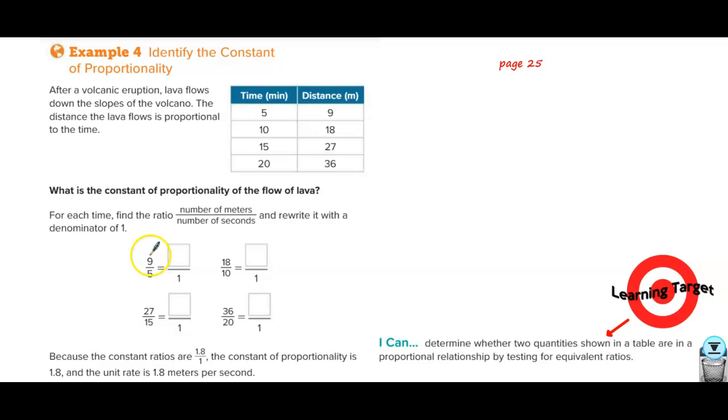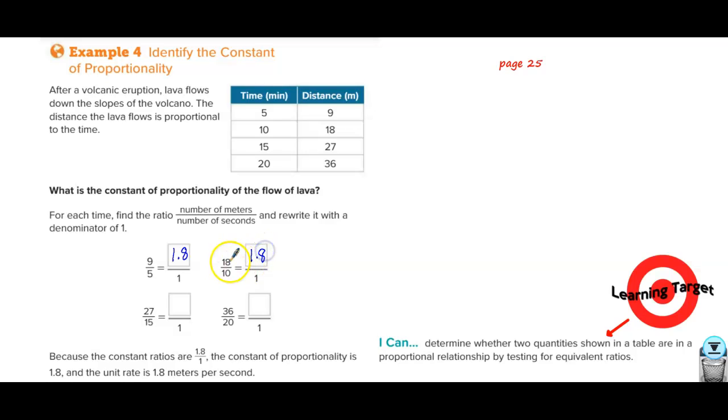So we did 9 meters in 5 seconds. So 9 divided by 5 is 1.8. Now you could go ahead and cheat because they've already told you this is proportional. So that tells me that no matter what, all of these are going to have the same solution. They're all going to be 1.8.